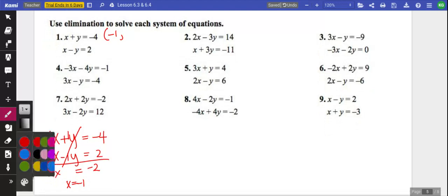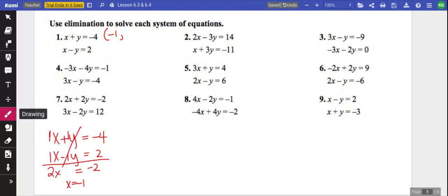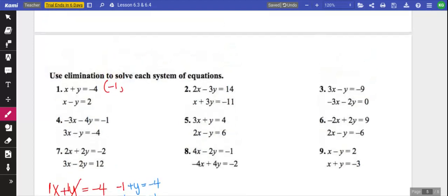And then it says take that information and put it back into the top equation. So instead of writing down x plus y, I'm going to do negative 1 plus y equals negative 4. Add 1 to both sides, and I get y equals negative 3.